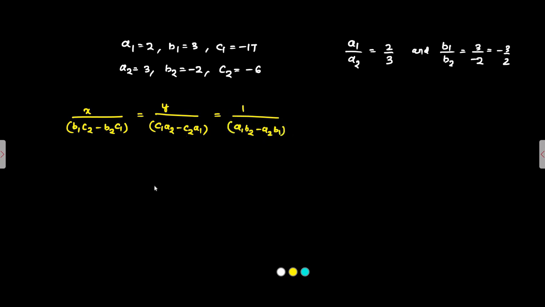Okay, this is the formula. So if you remember it, you can directly write x by b1 c2 minus b2 c1.